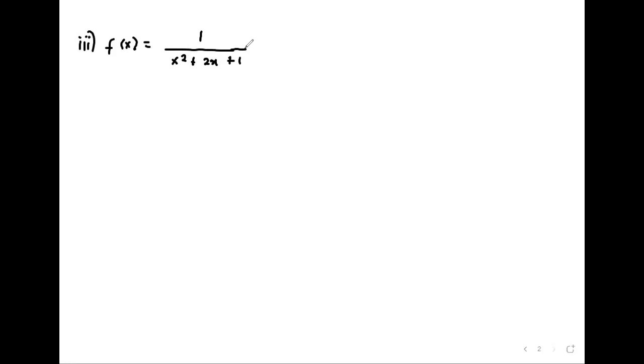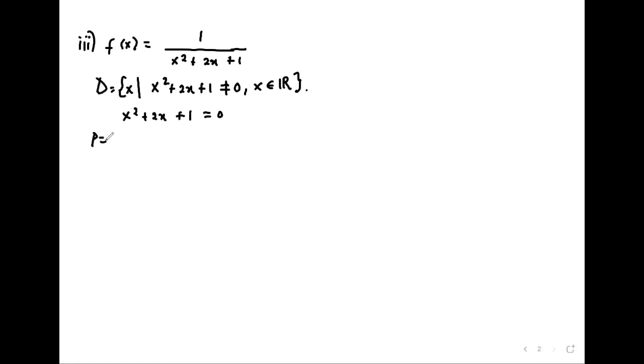We know our domain must be x such that x squared plus 2x plus 1 is not equal to 0, but x is a real number. Get x squared plus 2x plus 1 equal to 0. Solve it. This is a quadratic now, so we factorize in the normal way.